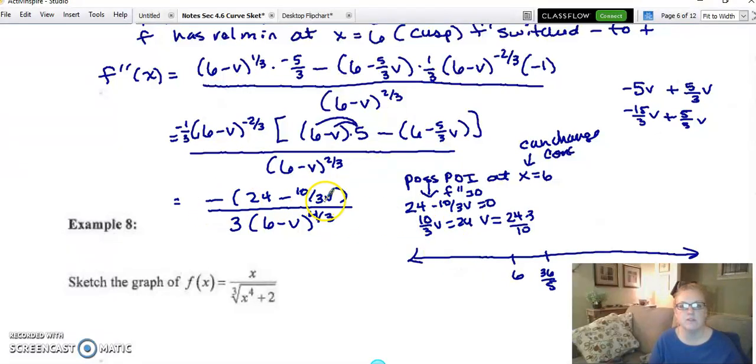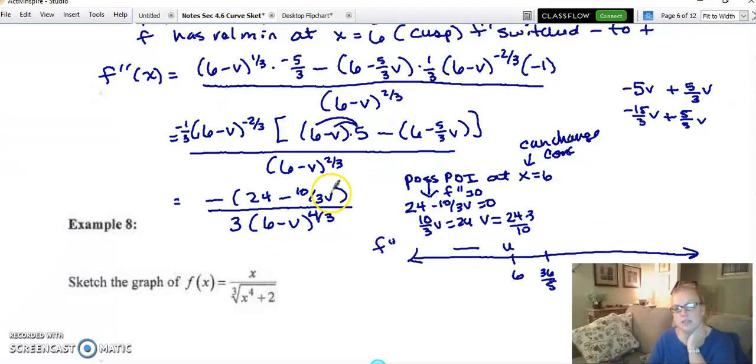If I pick like 0, which is over here, you're going to end up with 24 over, so positive, positive, and negative, which is going to be negative. Your 6 was undefined for your second derivative. Your in-between section right here, something really close to 6, but a little bit larger, is going to make this negative.